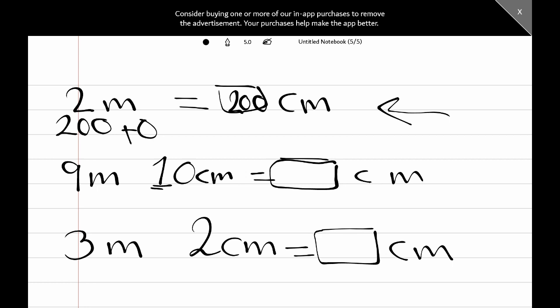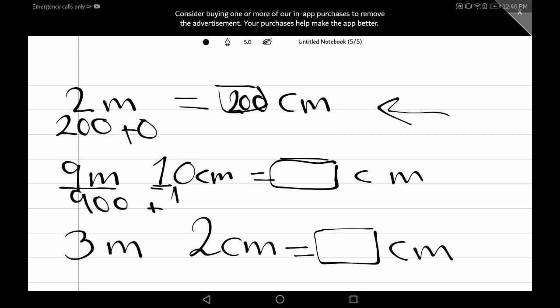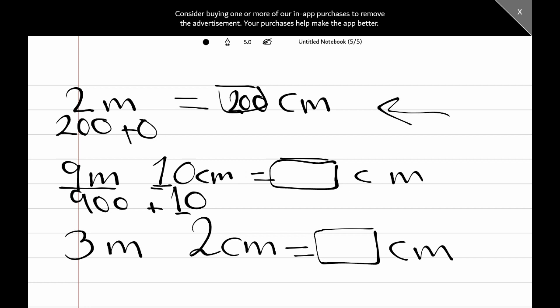Again, 9 meters is equal to 900 centimeters plus 10. Both are centimeters, that's why we can add them. 900 centimeters and 10 centimeters is equal to 910 centimeters. Easily, in the hundreds place we just put the meters, and in tens and ones we put the centimeters.